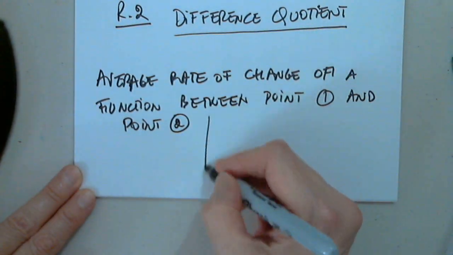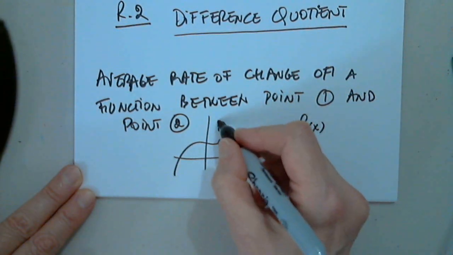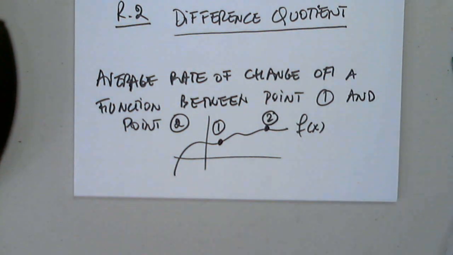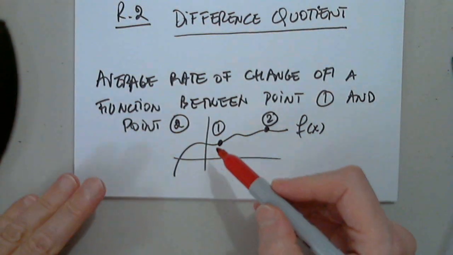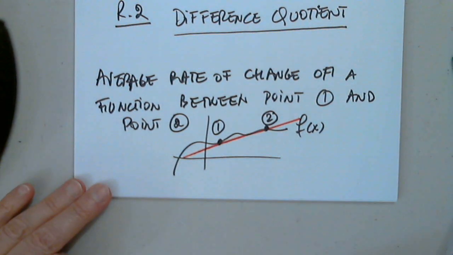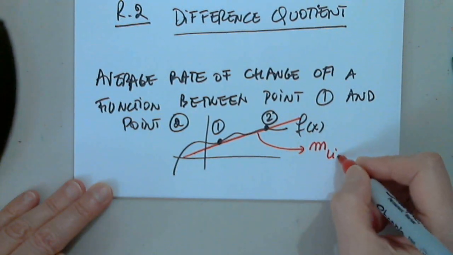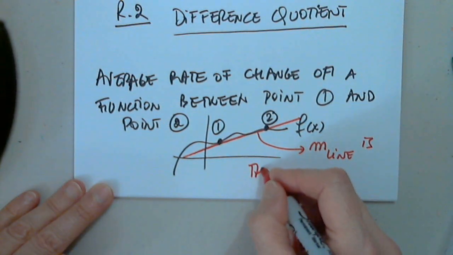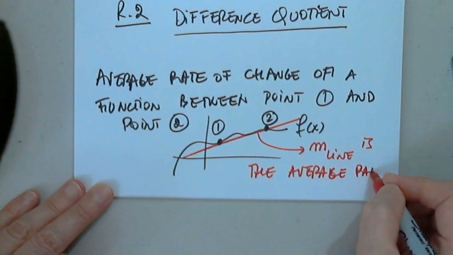Well, if this is the function, let's say this is point 1, and let's say this is point 2. What is the average rate of change of this function between these points? All I have to do is draw a straight line between these points, and what it means is the slope of this line. The slope of this line is the average rate of change.